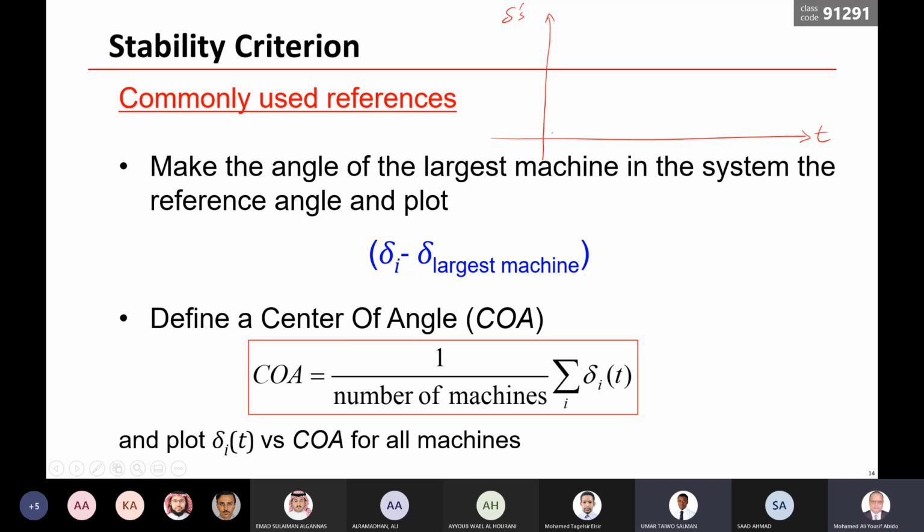So let me ask you, if you run the transient stability in ETAP, for example, and you found the angles of machine number 1, machine number 2, machine number 3, 4, 5, and so on, as follows.